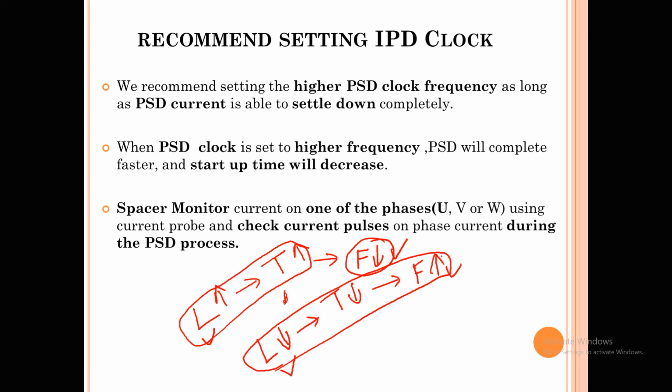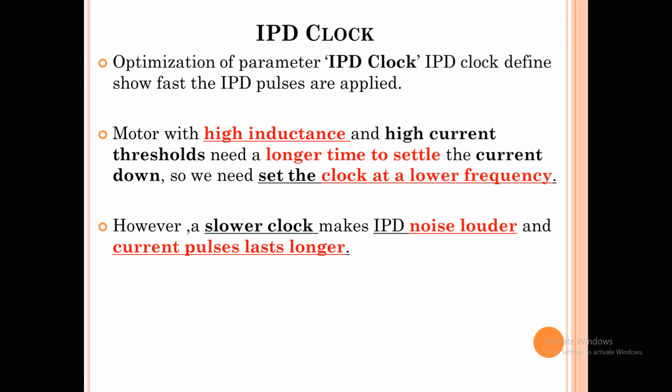If you select a low frequency, it may cause acoustic noise or vibration in the motor. So in most applications, if your inductance value is low, you have to select the maximum frequency.